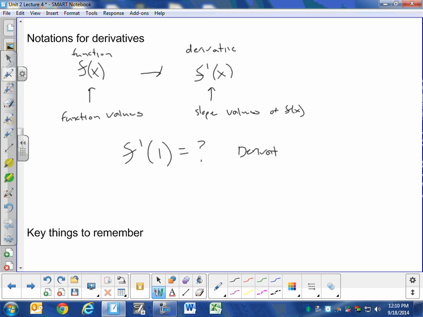You can say that now. But what does the derivative of f mean? The slope of f at x equals 1.